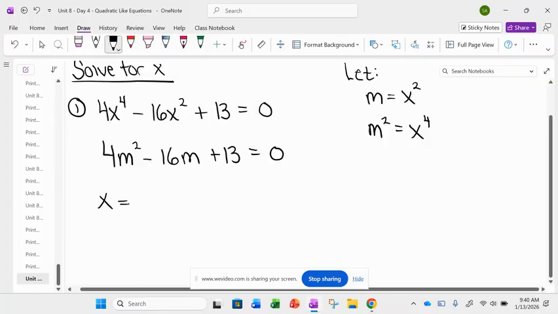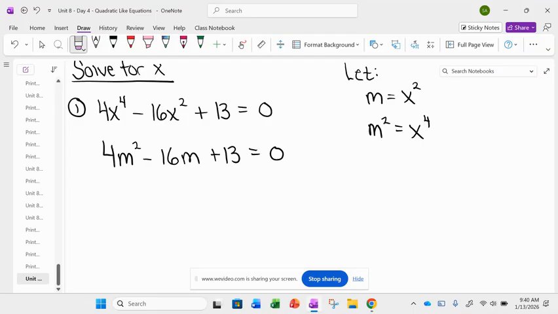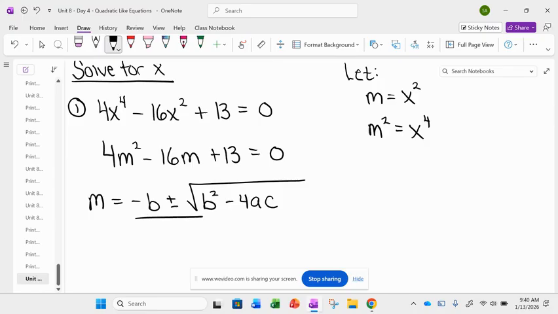So we have m is equal to negative b plus or minus the square root of b squared minus 4ac all over 2a. And just to identify, our a is 4, our b is negative 16, and our c is a positive 13.